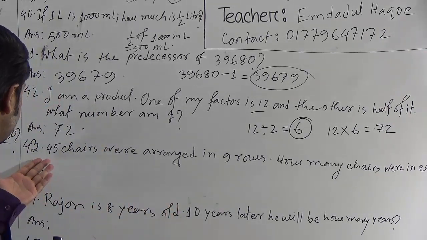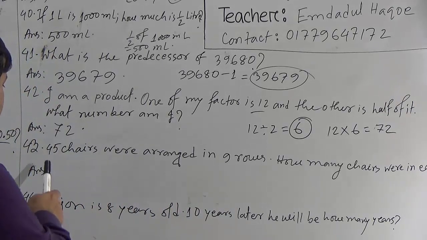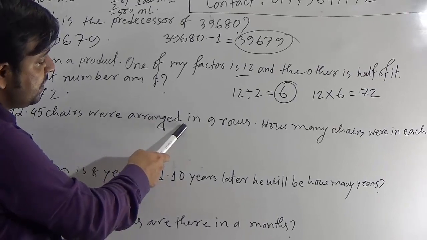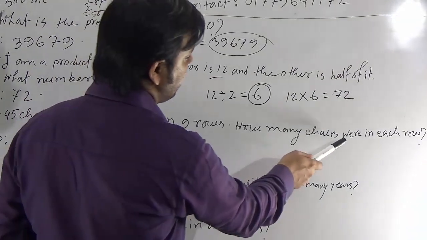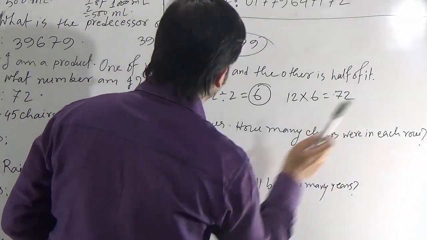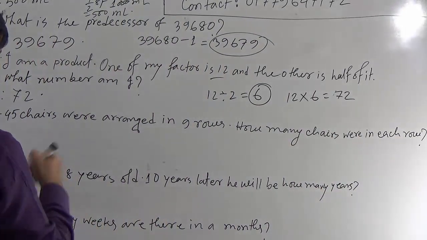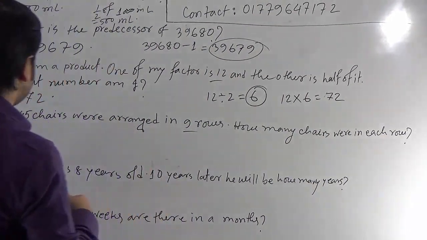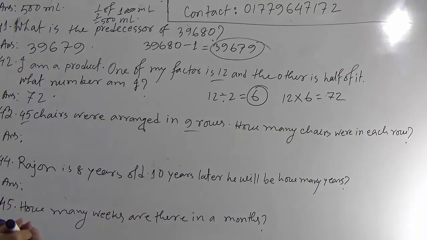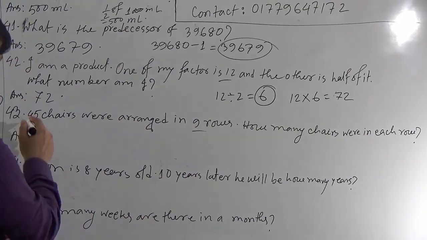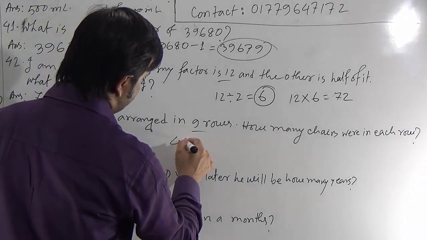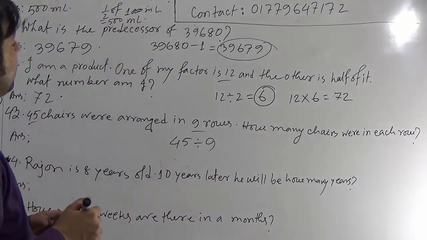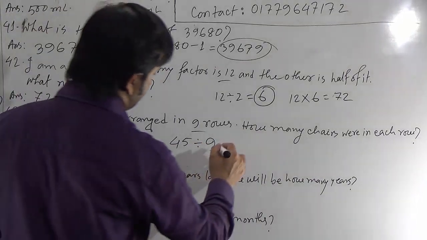Now 43. 45 chairs were arranged in 9 rows. How many chairs were in each row? To find the chairs in each row, we have to divide the total number of chairs, 45, by the number of rows.